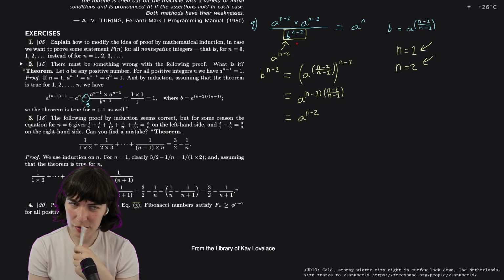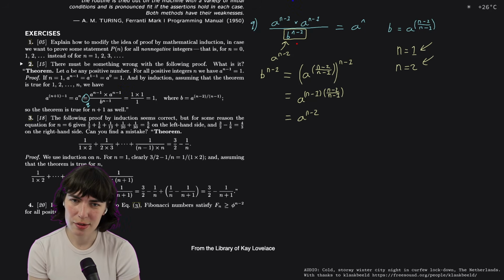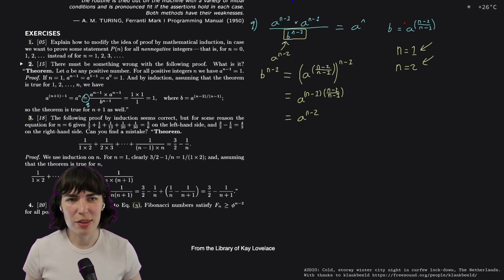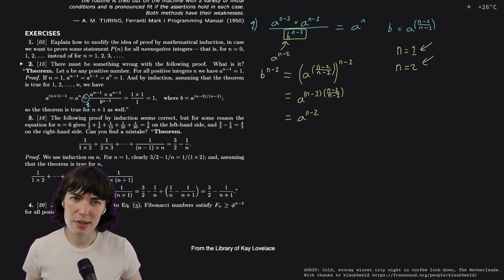Let me check my thinking. Okay. Great, so we get from b^(n-1), now b is going to be this, that we know. A is a positive integer. Let's say n is 2.